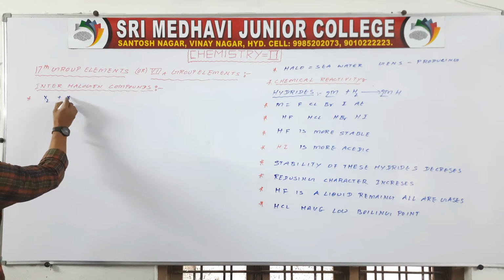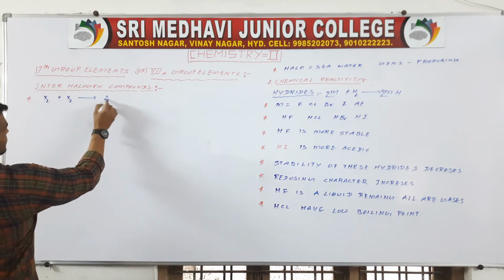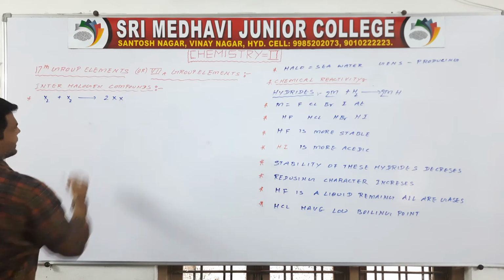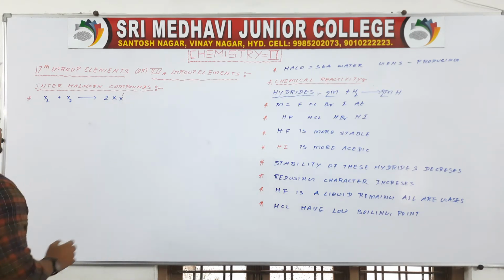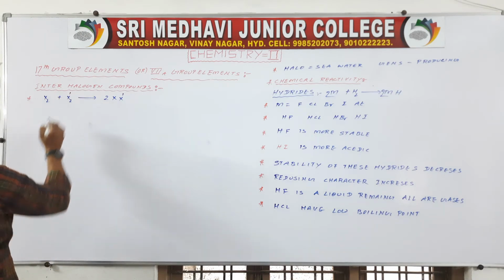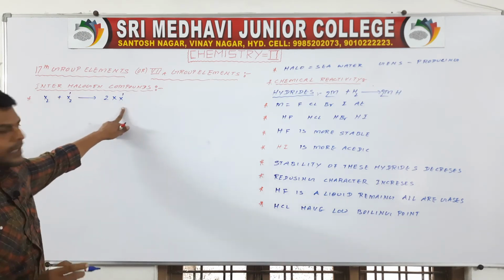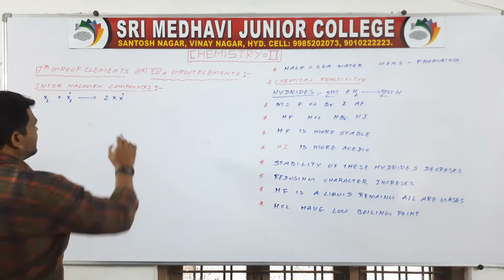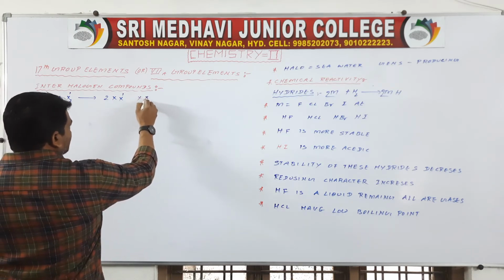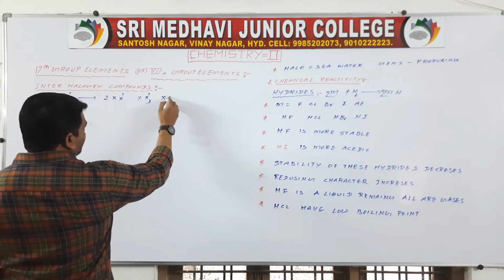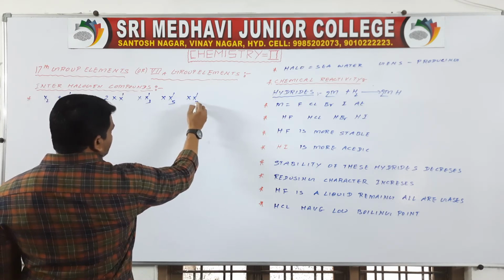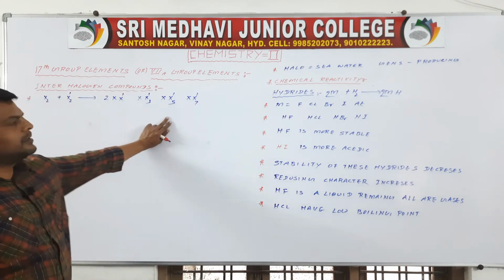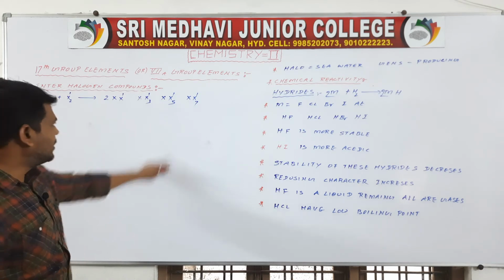X2 plus X dash 2 gives rise to 2XX dash. XX dash 3, XX dash 5, XX dash 7 types can be formed.